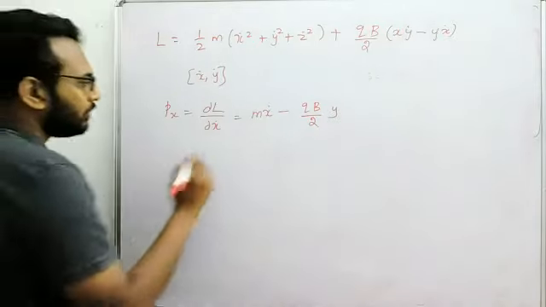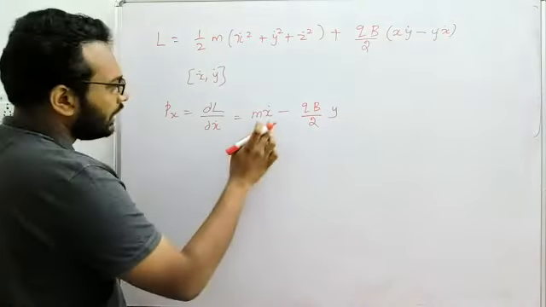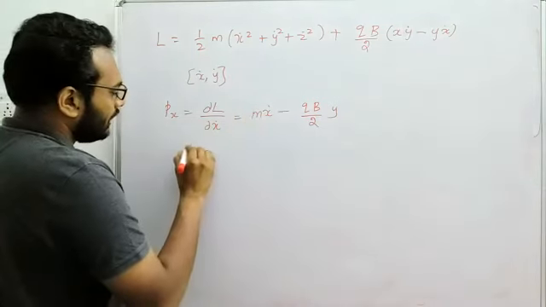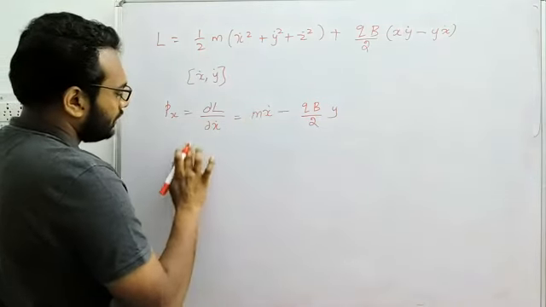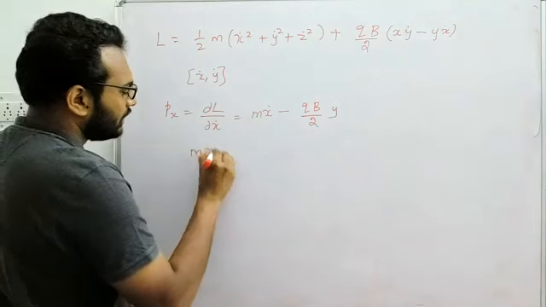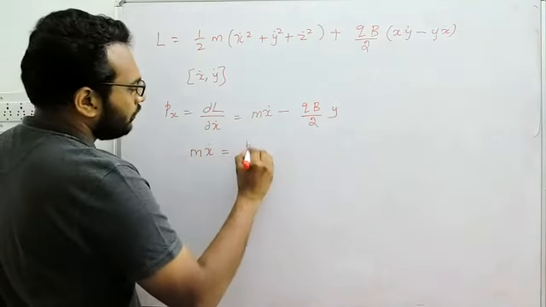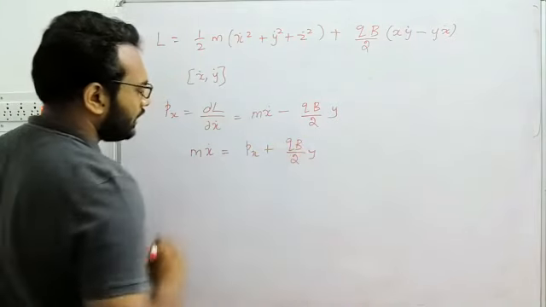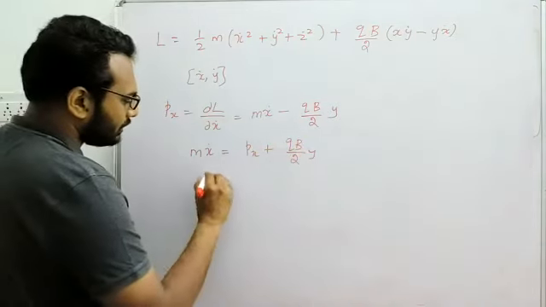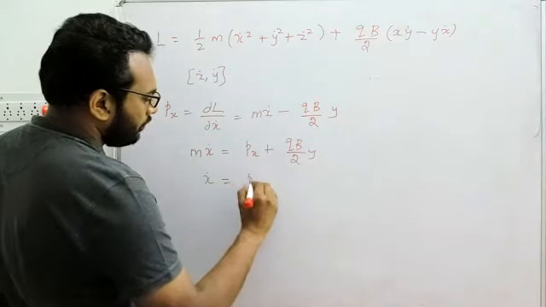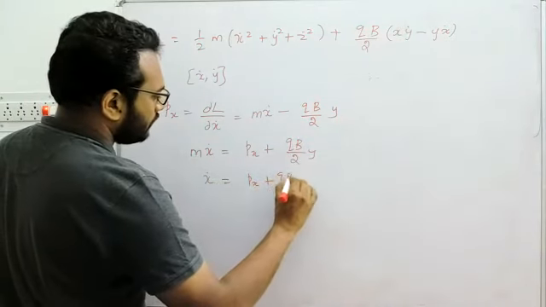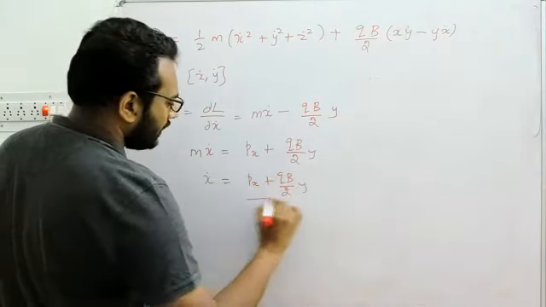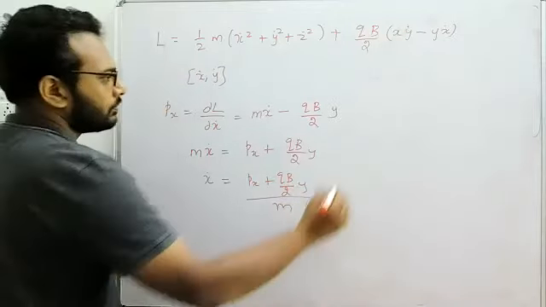From here you see that we need x dot, so let's solve this for x dot. m x dot equals px plus qB by 2y, or x dot is equal to (px plus qB by 2y) divided by m.